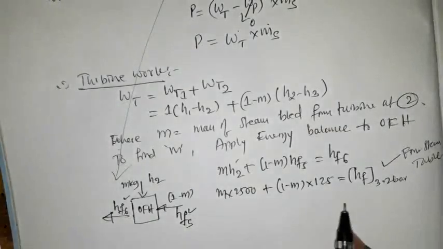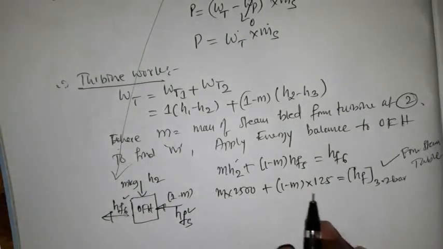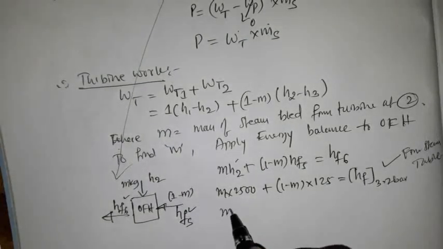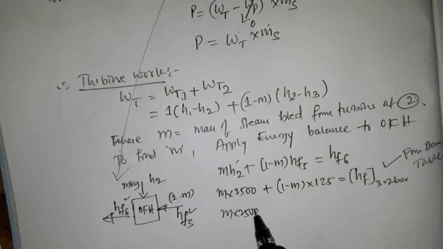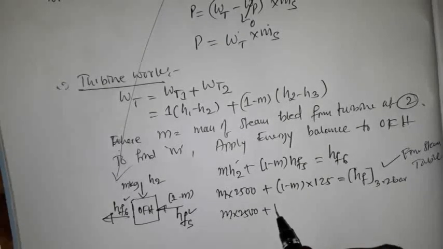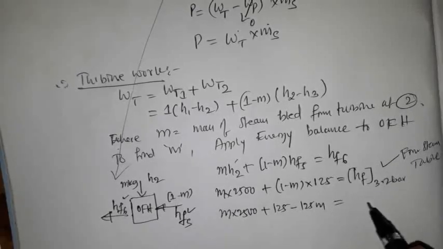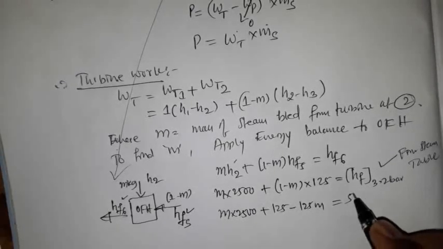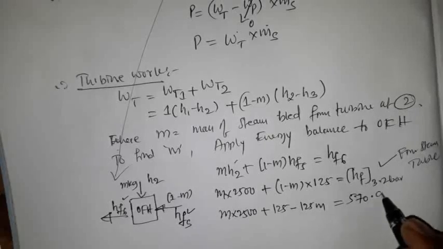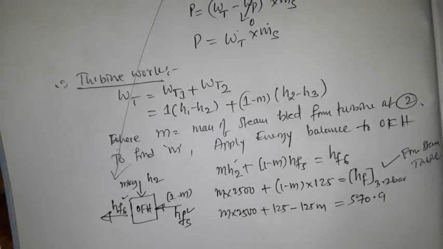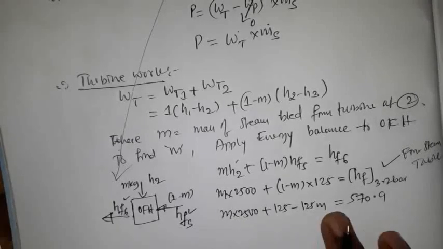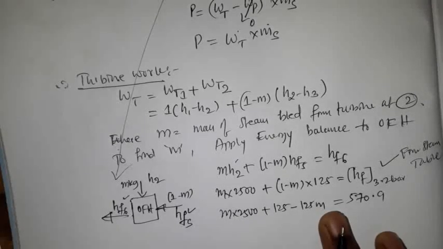So let me substitute the same value: 2500 M plus, I'll open the bracket now, 125 minus 125 M, which is equal to 570.9 from the steam table. Here let me solve this equation for M.